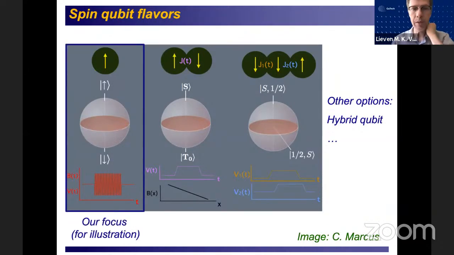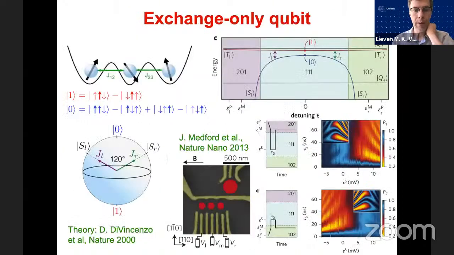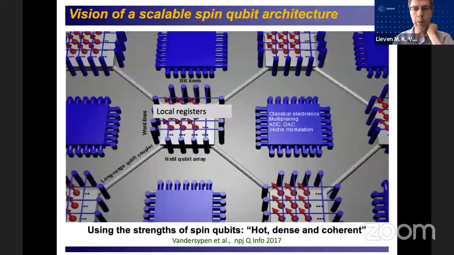So the last word hasn't been said. There is some beautiful work in various places, single triplet qubits, for instance, from the Jacobi group, exchange-only qubits from Copenhagen, from HRL, ETH, other places. So we'll see. The last word hasn't been said. I think it's still an open question.